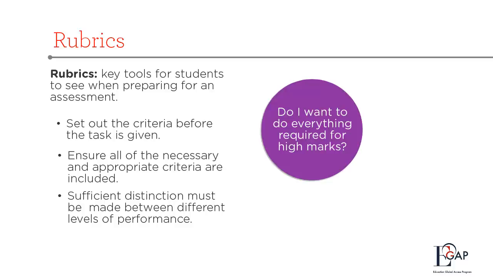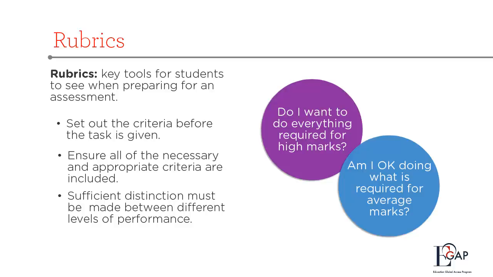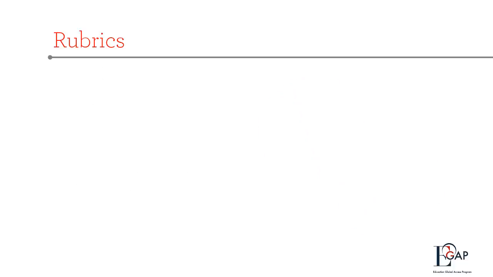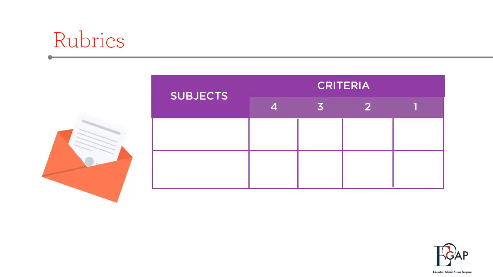Do I want to do everything required for high marks, or am I okay doing what is required for average marks? Take a look at this example of a rubric for a letter students are being asked to write for a summative assessment. In the far left column, we see all the different subjects the students will be graded on, including sentences and paragraphs, grammar and spelling, and so on.